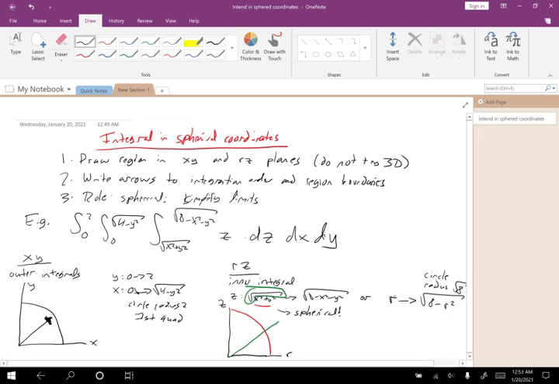Okay, so this is rho equals square root of 8, and this is z equals r. Now, in spherical coordinates, we know this is rho equals square root of 8, and then we know this one is rho, let me just quickly derive this.